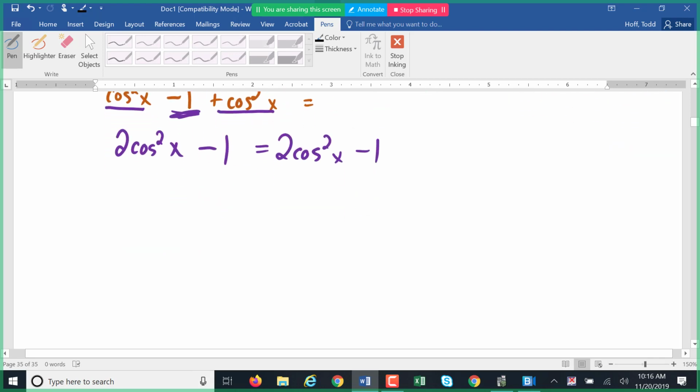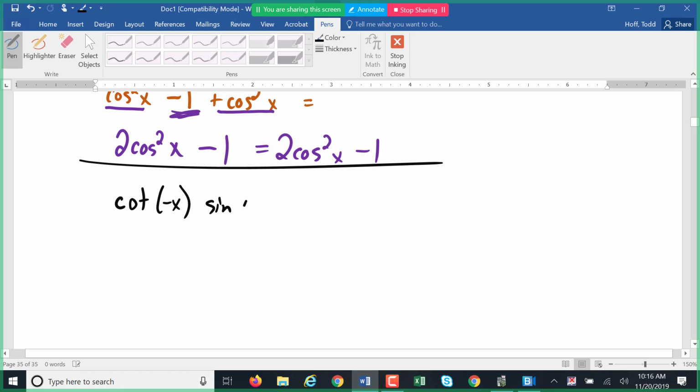Well, sometimes it's not a matter of replacing functions. Sometimes it's a matter of looking at the even or oddness. I think this one comes out to be an even or odd deal. Cotangent of negative x times sine of x equals negative cosine of x.